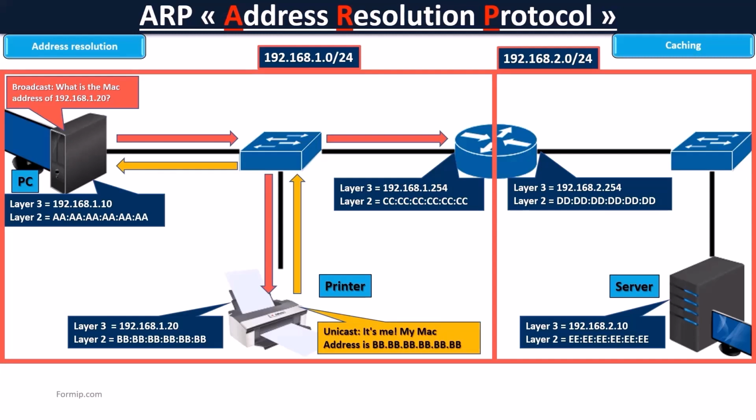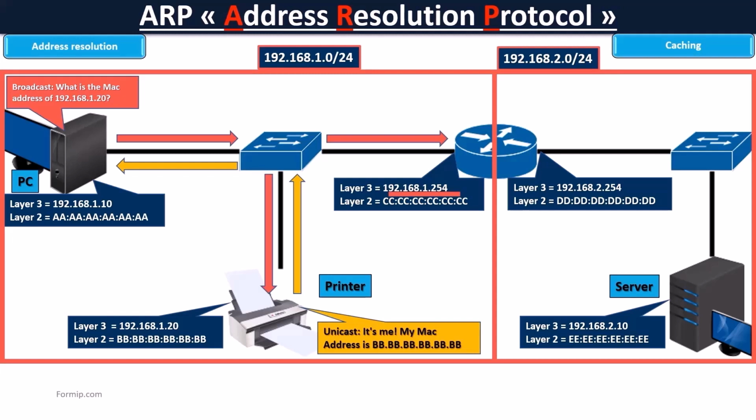Thanks to the subnetwork mask, it will immediately see that the server is not part of its own network. It will therefore send the data directly to the default gateway, that is to say, the interface of the router that carries the IP .254. The default gateway, also known as the gateway, is set up directly on the PC.